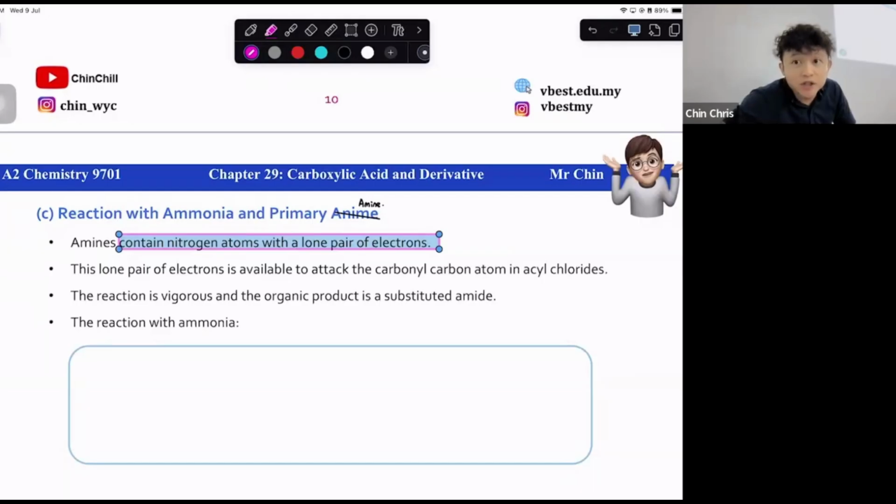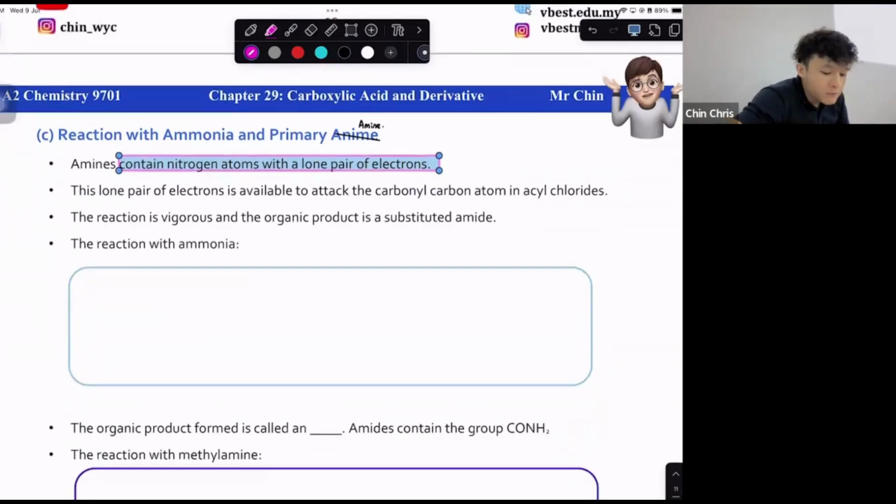What is addition-elimination? An addition-elimination reaction is always for acyl chloride. Remember, this is always for acyl chloride. That's it.